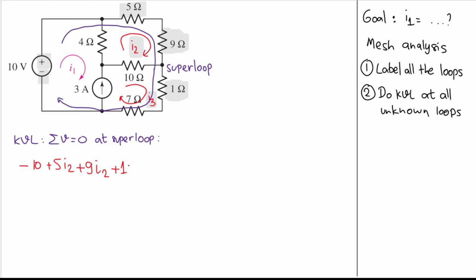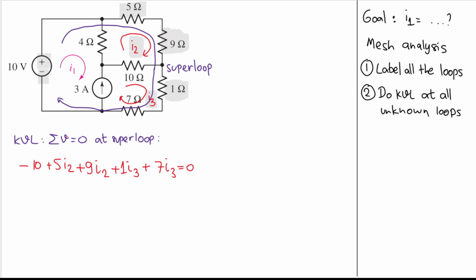So we don't use the super loop current, but the inside current to multiply. And then we will have plus 7 for the 7 ohm resistor, and again, the only current that passes through it is I3. Good, and all of that will equal 0, because the sum of the voltages is equal to 0.